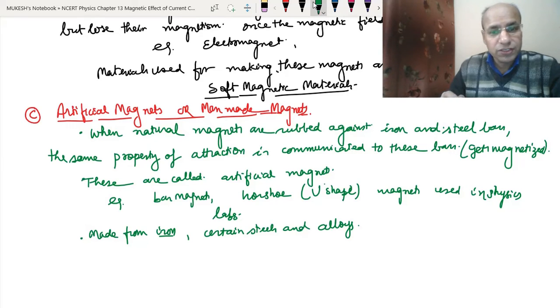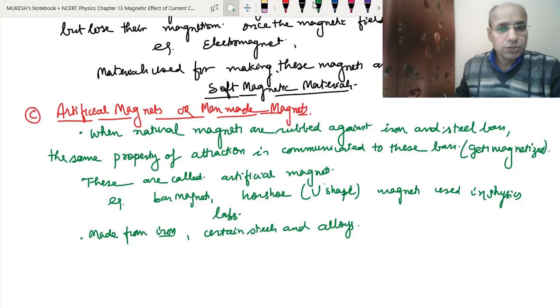Since they have been made artificially, we call them artificial magnets. For example, the bar magnet and horseshoe magnet that we use in the physics labs for practicals are examples of artificial or man-made magnets. And they are made of almost the same magnetic materials as permanent magnets, like iron, certain steels and alloys.